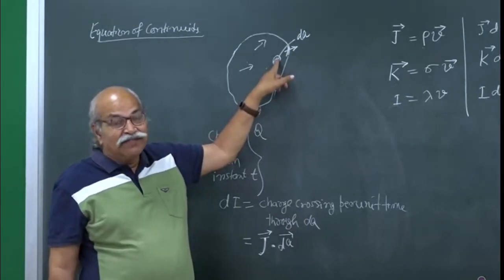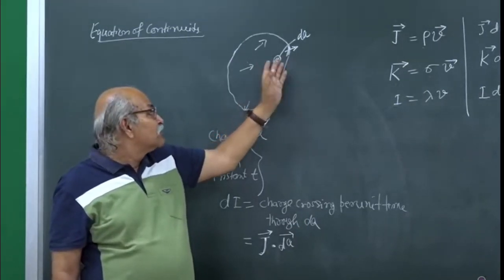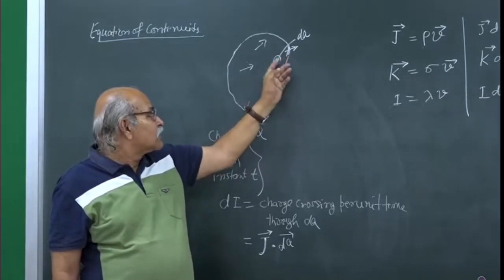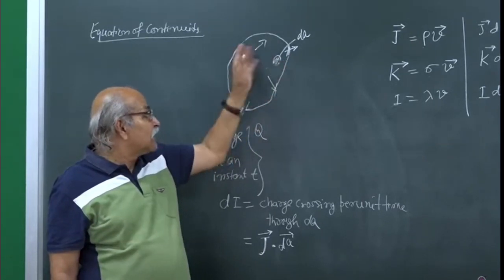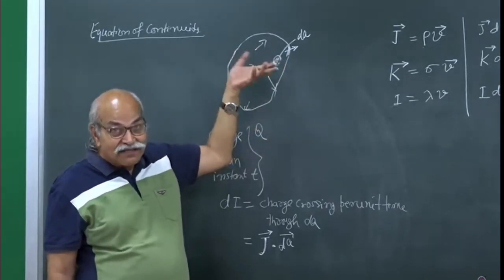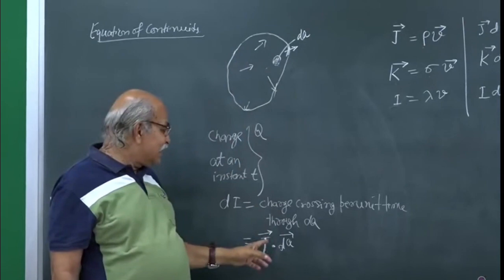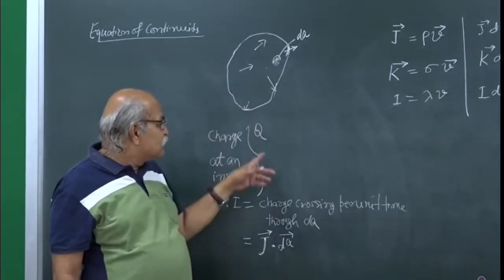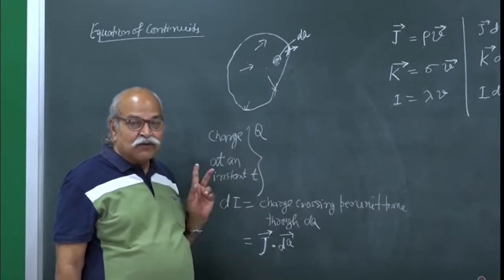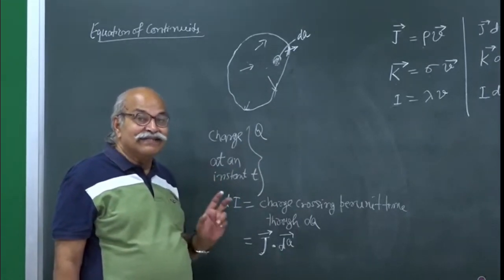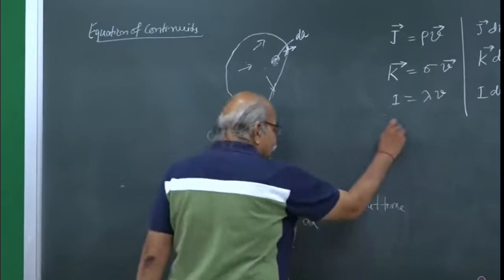Maybe at this moment fewer charged particles, electrons, are crossing, but after some time maybe more charges are crossing. So this J can be dependent on time, this Q can be dependent on time, so everything at time t. Now what happens in the next dt? Okay, so this is all at time t.